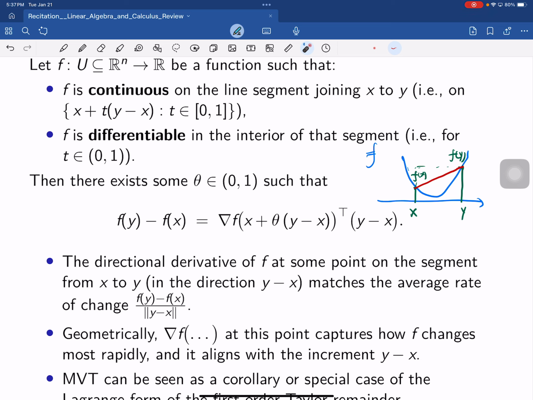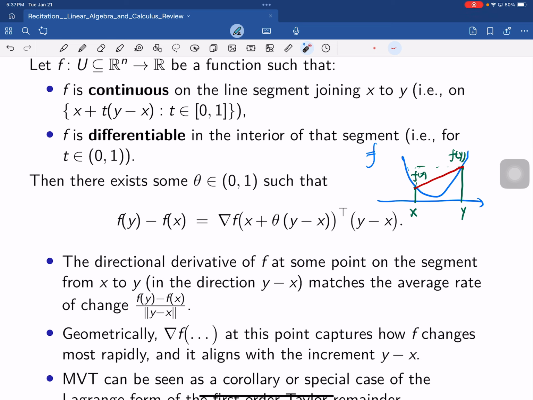Again, when you have theta equal to 0, this is nothing but the gradient at x, right? When you have theta equal to 1, this term is nothing but the gradient at y, right? So what this theorem says is that there exists a theta between 0 and 1 such that if I take the gradient at that point, it will have the same slope as this line segment here, right?